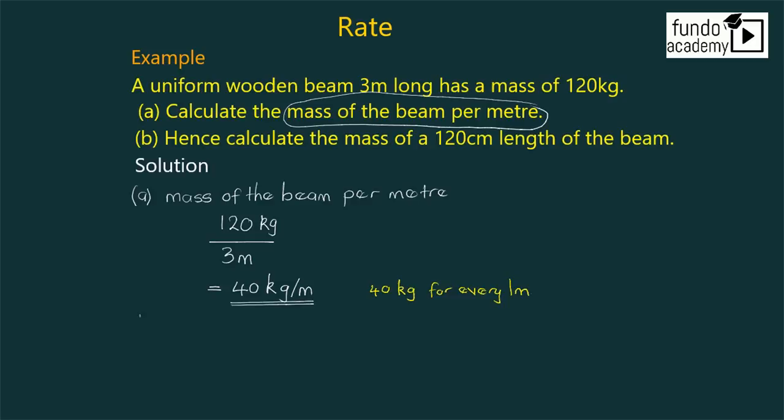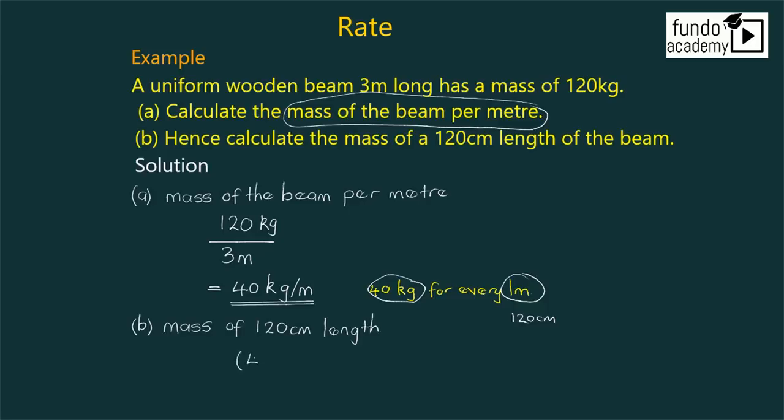Like if we go on to part B, which requires us to calculate the mass of a 120 centimeter length of the beam, we are saying that if 1 meter has a mass of 40 kilograms, then what about 120 centimeters, which is now in this case 1.2 meters?